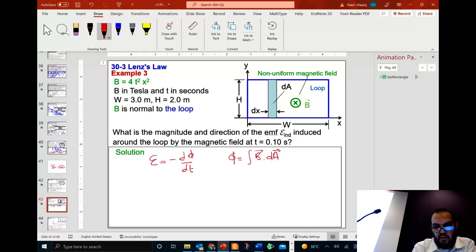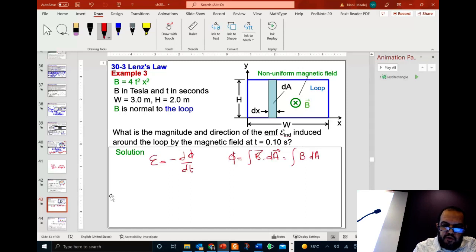Well, I can do some. B and the area vector are parallel to each other, so the dot product becomes simple. It becomes the integral of B dA. Okay, but B is changing; it's not constant.